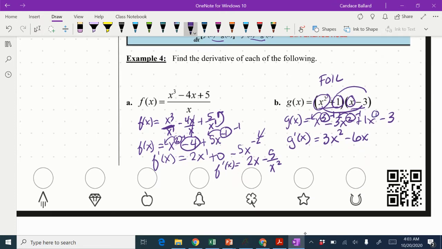Basically, again, the exponent comes out front, so it'd be 1 times 1, which is 1, and then I subtract 1, which gives me x to the 0 power, which is just 1. And then the derivative of any number we know is 0. So I'm going to write one line cleaning that up. I normally would have just not written the x to the 0, but I'm making sure we're showing all the steps today. So 3x squared minus 6x plus 1.